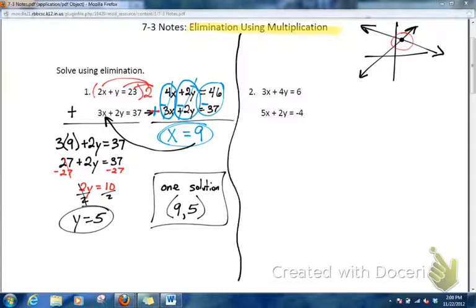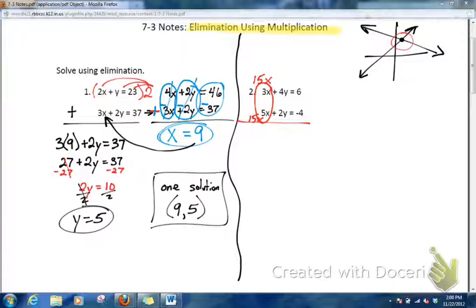Now again, when I say that you could multiply both equations by something, if you look at problem number 2 here, if you wanted to make the x's eliminate, you could turn them both into 15x's by multiplying the top equation by 5 and the bottom equation by 3.